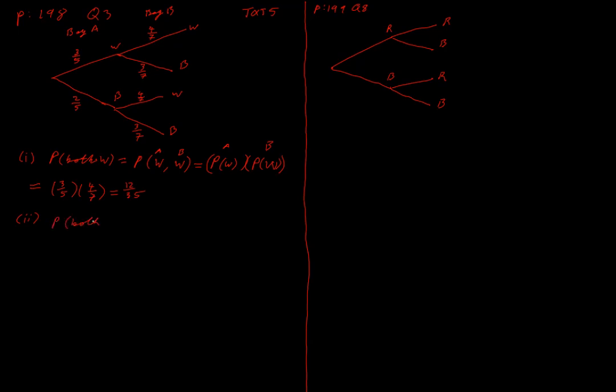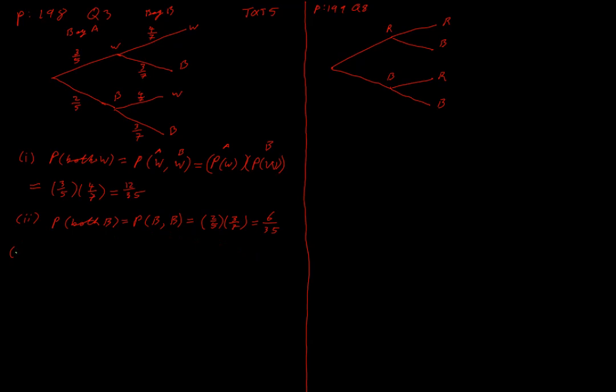What meets that criteria? Well, that would be the probability of getting a blue the first time in bag A and then a blue in bag B as well. So that's going to be probability of getting a blue in bag A is 2 out of 5. Probability of getting a blue in bag B is 3 out of 7. So we get 6 out of 35.